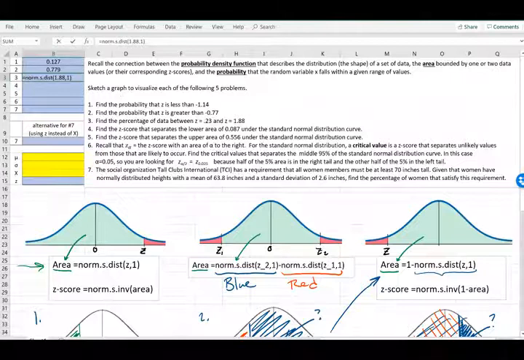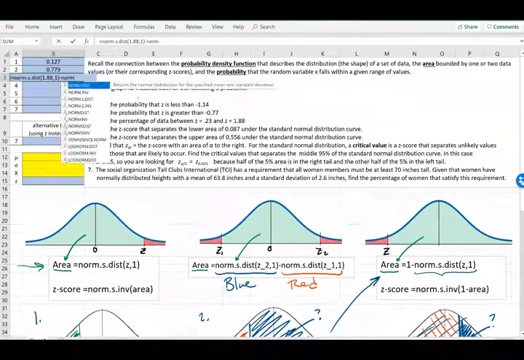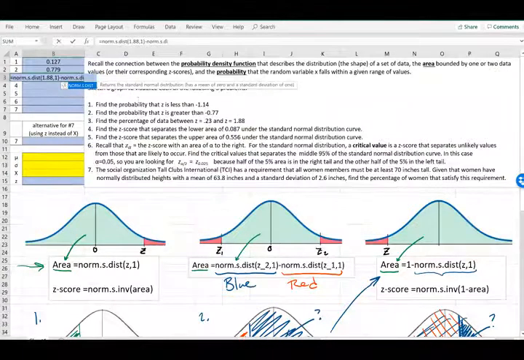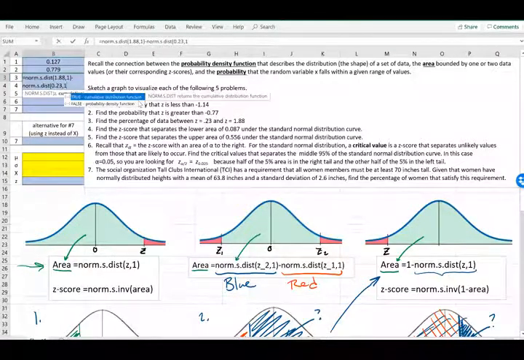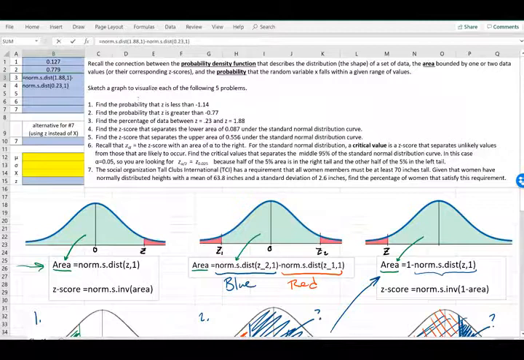Then we will subtract the red area, norm.s.dist, and our smaller z-score is 0.23. Okay, so that should give us the area between the two. All right, perfect.